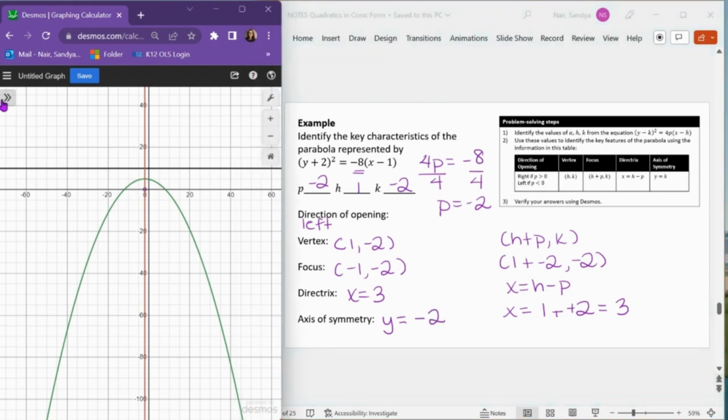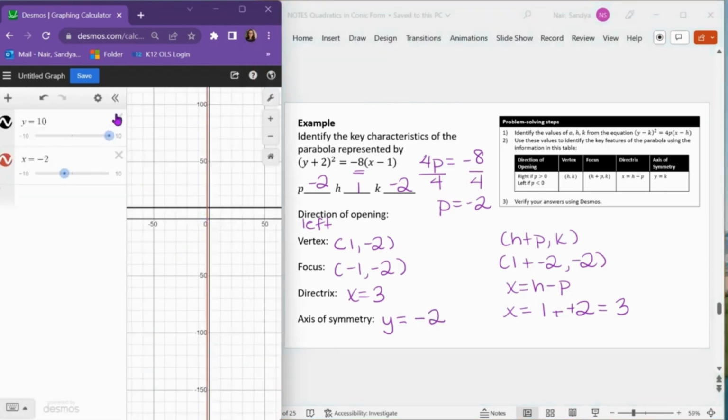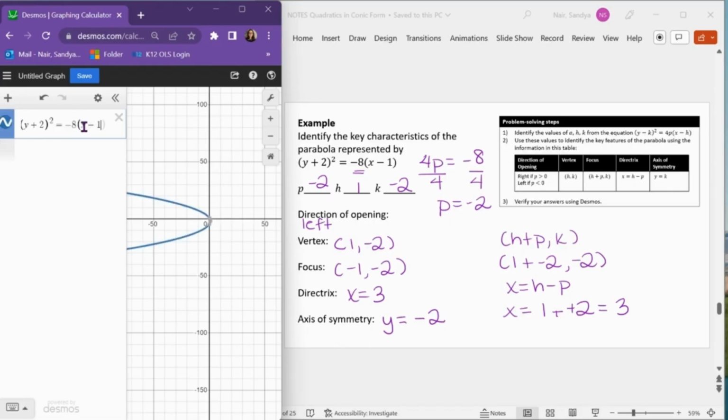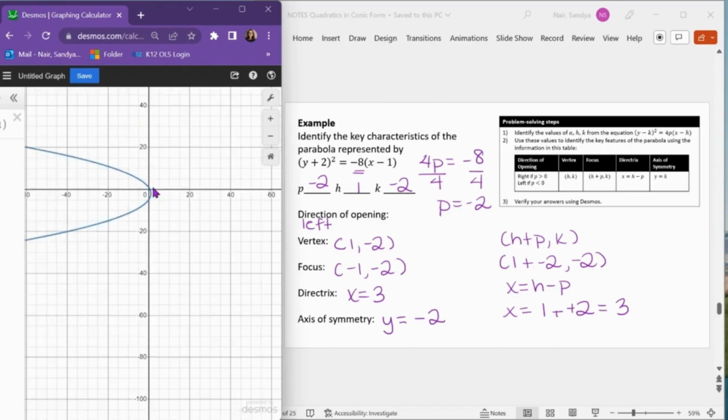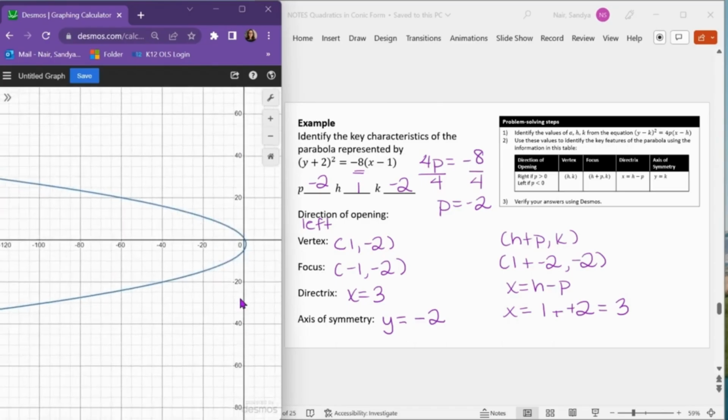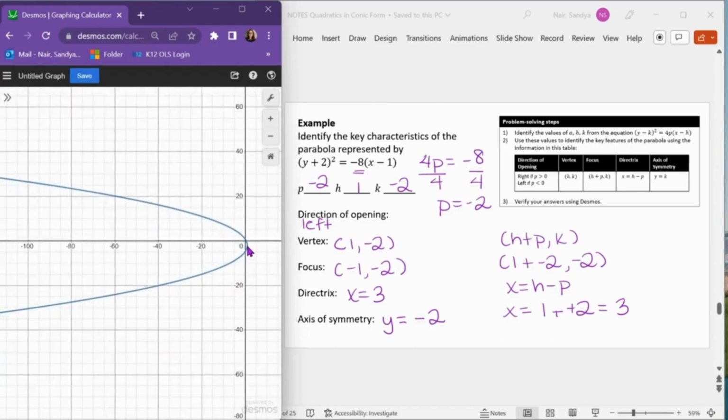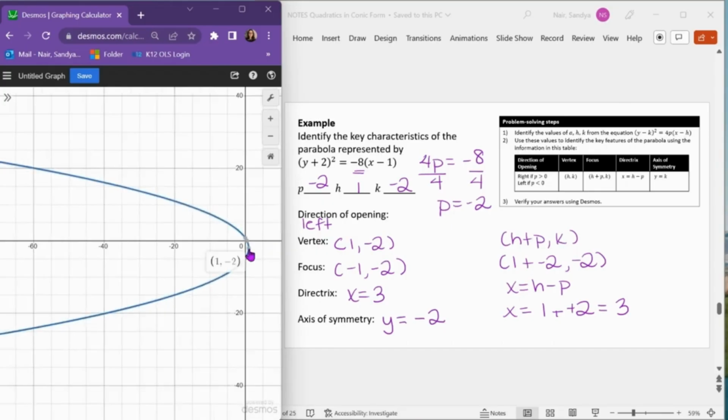So let's go now to Desmos and verify all of the information that we've just found. So we have our equation y plus 2 squared equals -8 times x minus 1. Okay, so we can see that this parabola does open to the left, like we figured out. If we click on the vertex, we can see that the vertex is located at (1, -2), like we found.